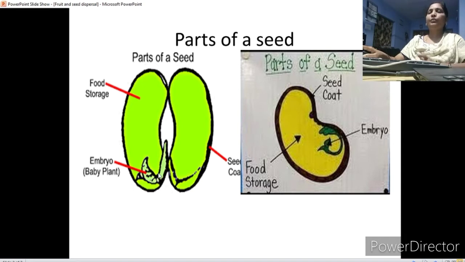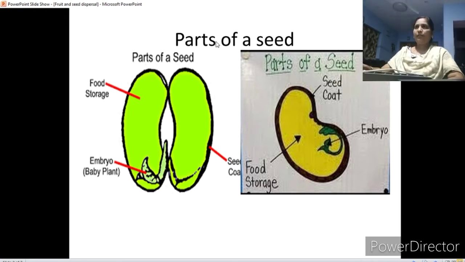These two cotyledons supply food for the growing embryo. So now you learnt about the different parts of a seed, the parts of monocots and dicots, and how the embryo is growing. You learnt all this, children.